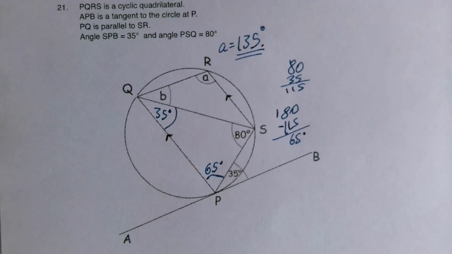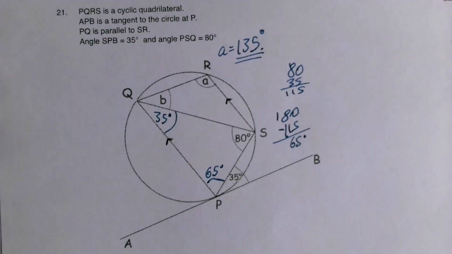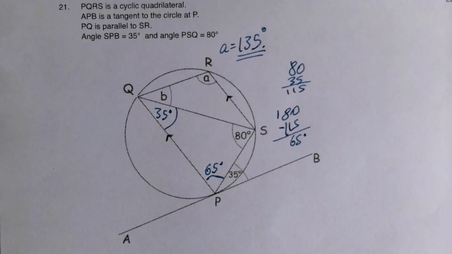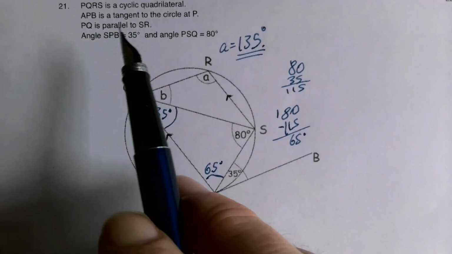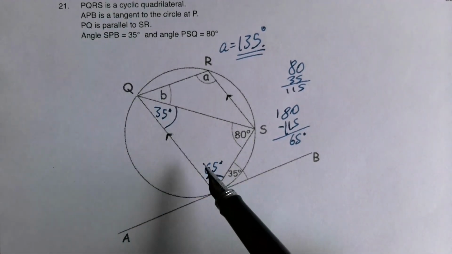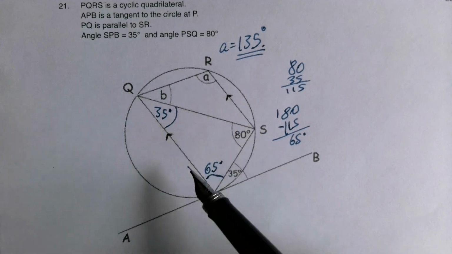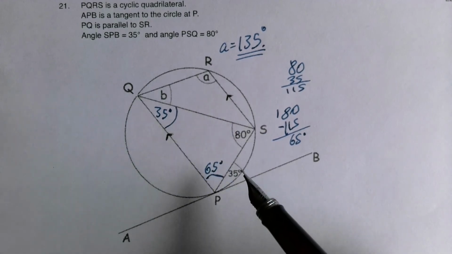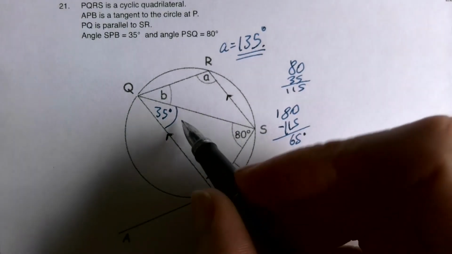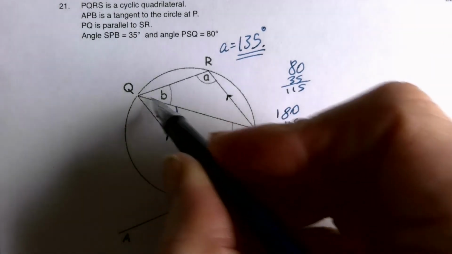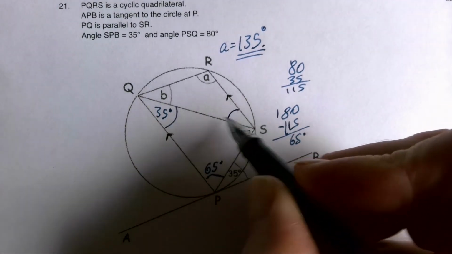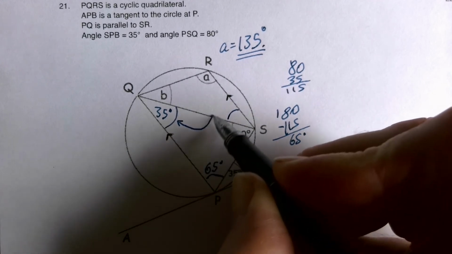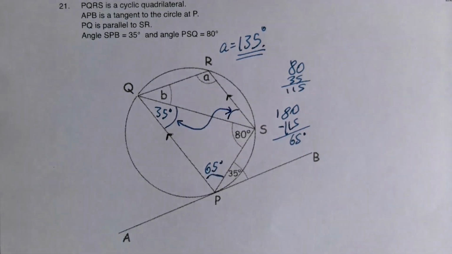And also, what else do we know? I must admit I'm a little bit stuck. Let's have another look at what's there. Oh, PQ is parallel to SR. I haven't thought about parallels yet. Oh yes, there they are, they've been indicated as parallel. And parallel lines, when you've got a line crossing them, that is alternate to that. And alternate angles are equal.